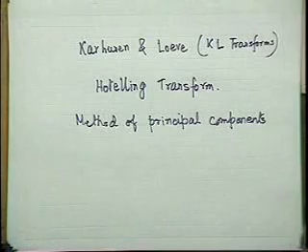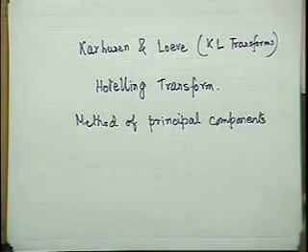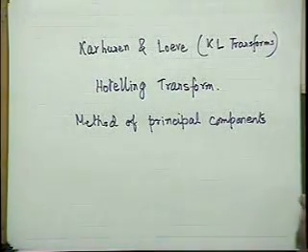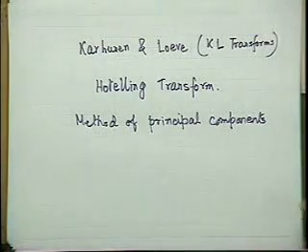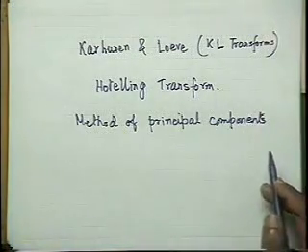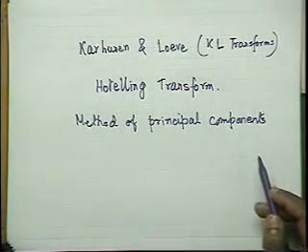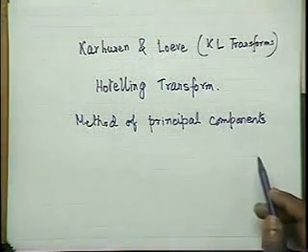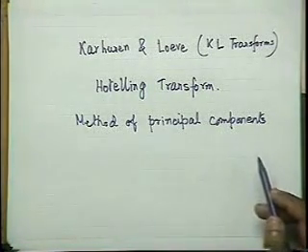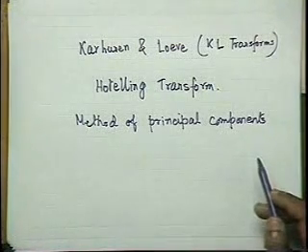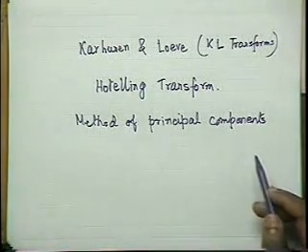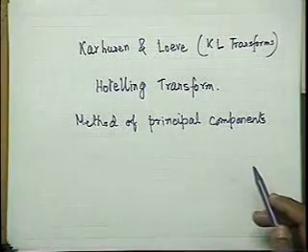So different books or literature will describe the transformation by various names. Some people call it the K L transform, some call it the Hotelling transform, and some call it the method of principal components. There may be subtle variations between the composition of the transformation matrix from one implementation to the other. I am not going into the details of that.